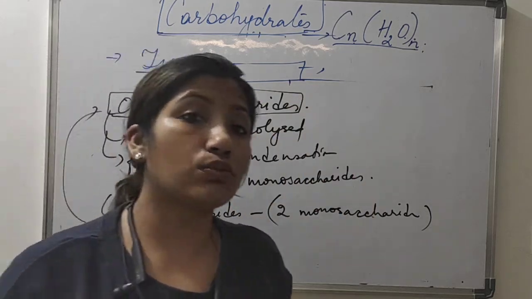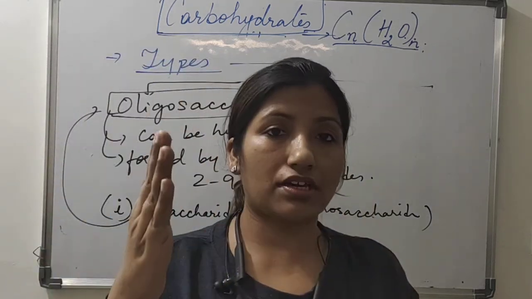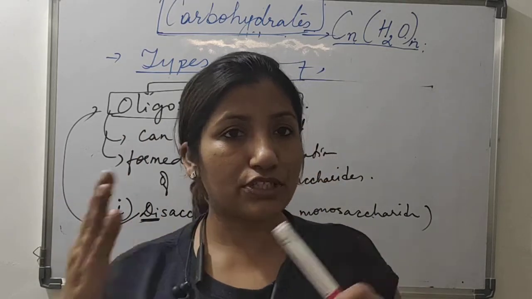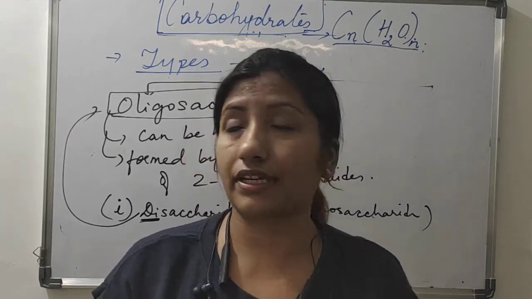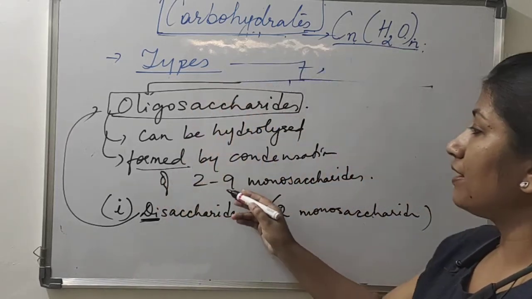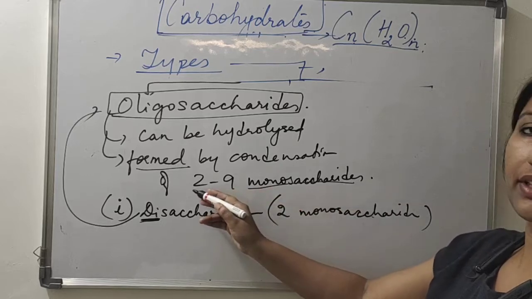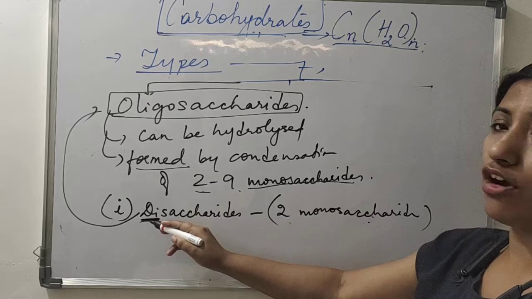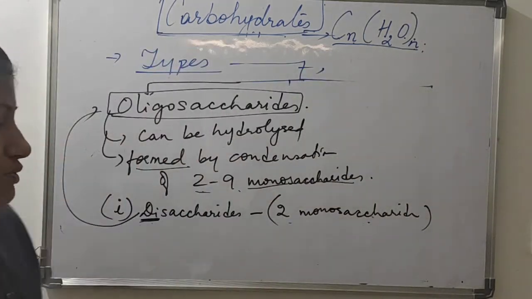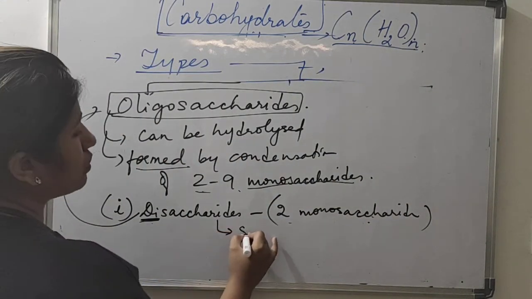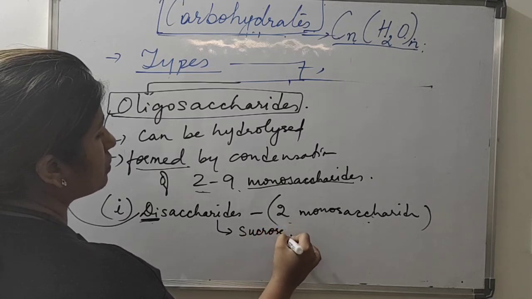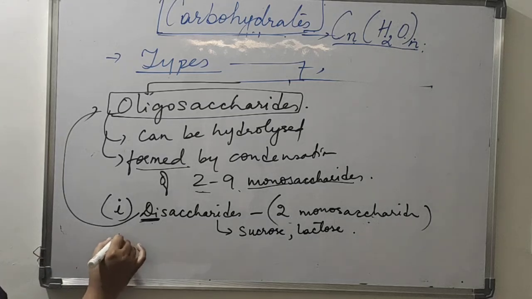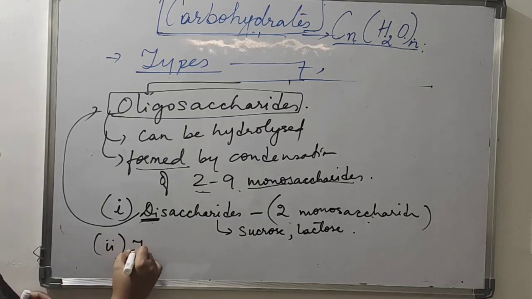It starts with monosaccharide, the smallest unit, and then comes the oligosaccharide, which is formed by around 2 to 9 monosaccharides. When 2 monosaccharides combine, it forms disaccharides. Examples are sucrose and lactose, carbohydrates made up of 2 monosaccharides. Then we have trisaccharides.